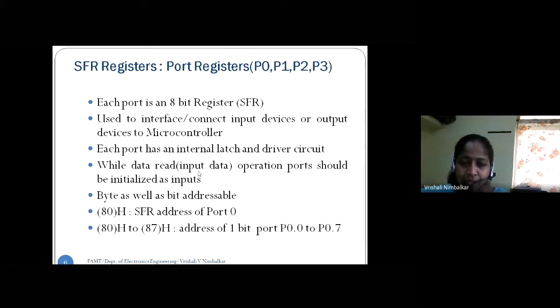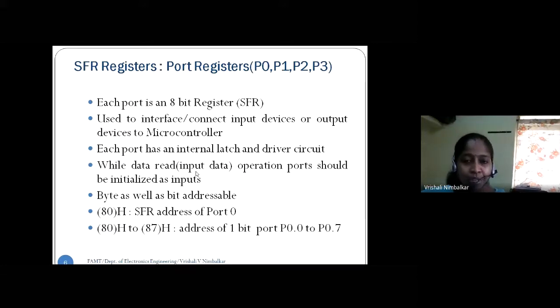Whereas when we are sending out data, no initialization is required. For example, if I am sending 55 hex on port 0, I'll write the instruction as MOV P0, #55 hex. So 55 hex is sent out on port 0. No initialization required.